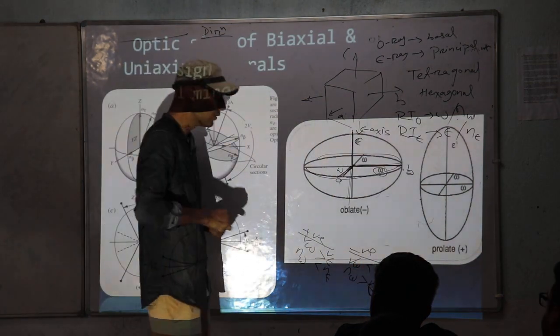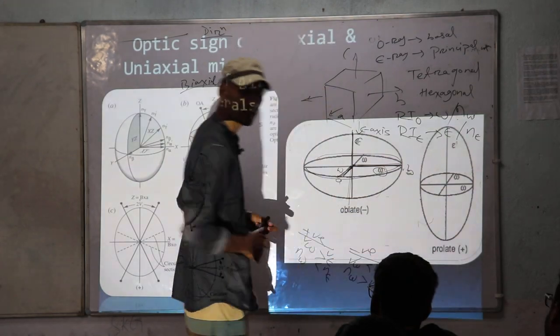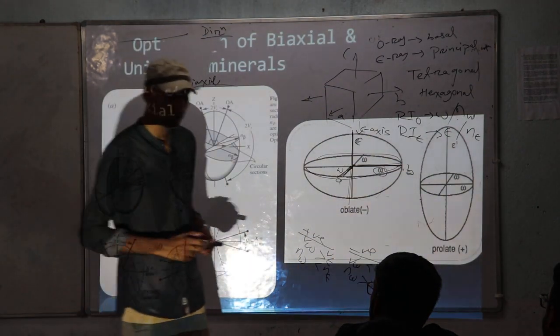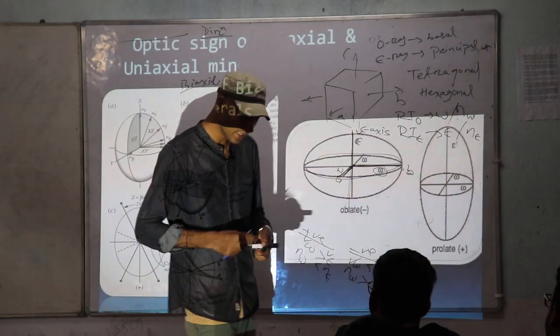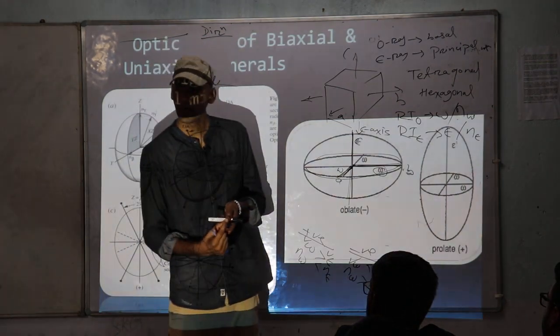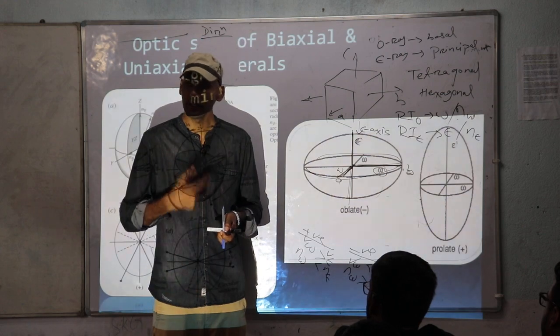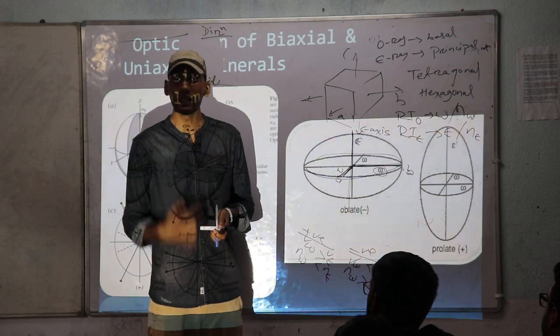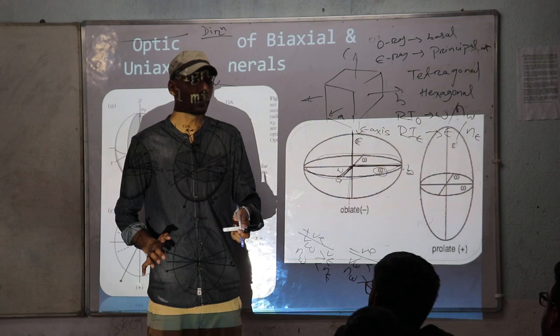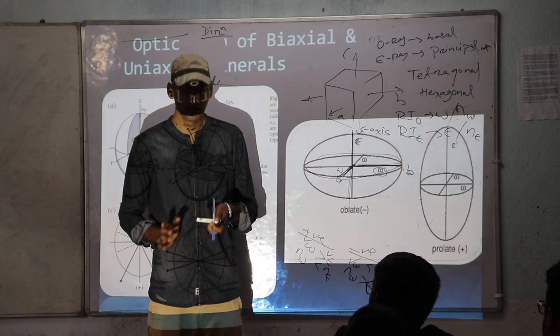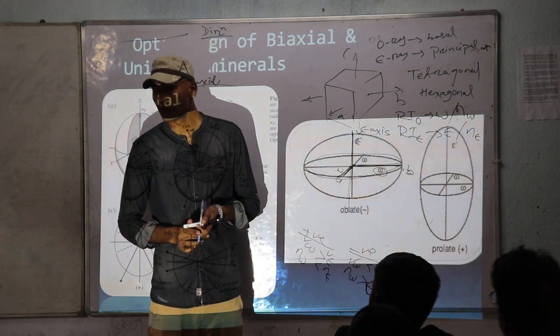So in a uniaxial mineral, n omega and n epsilon differ. You can see in the basal section I am representing omega, or n omega, the refractive index of the O ray, and in the principal section, that means along the optic axis or containing the optic axis, the E ray vibrates containing the optic axis, the O ray vibrates perpendicular to the optic axis.